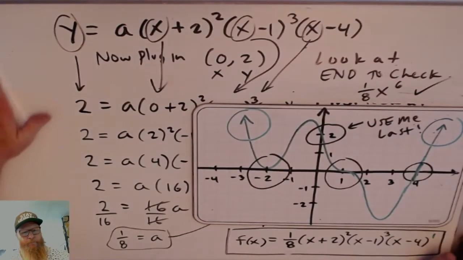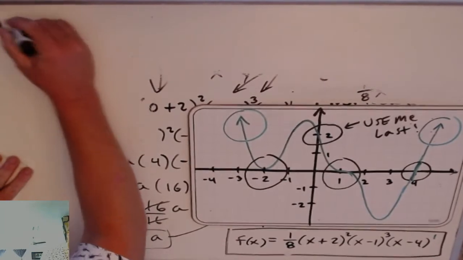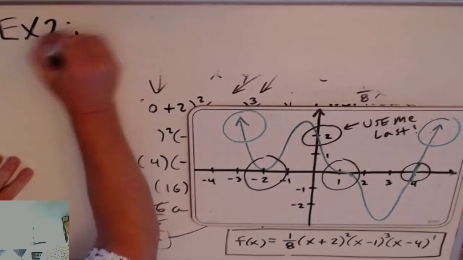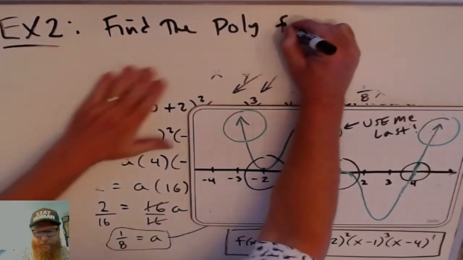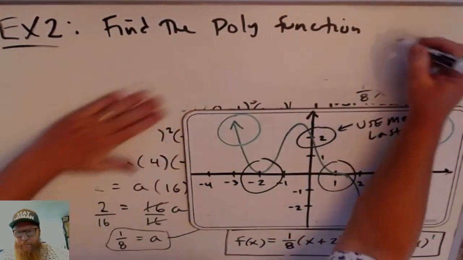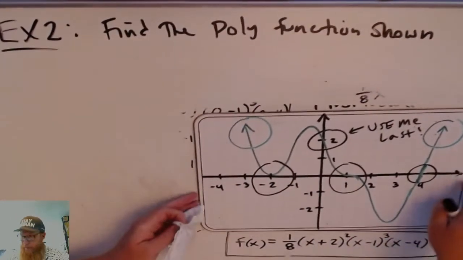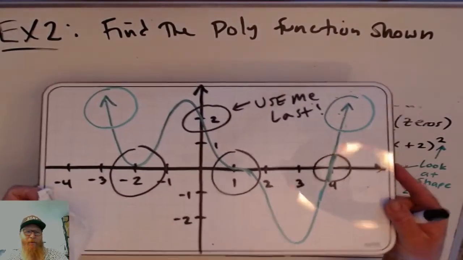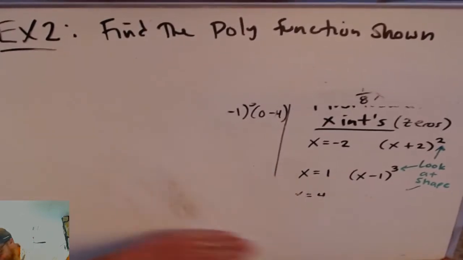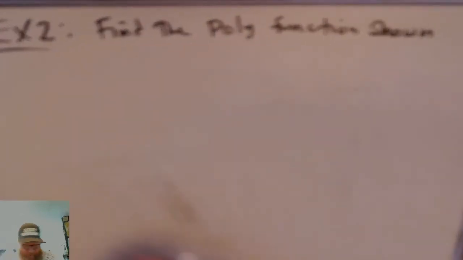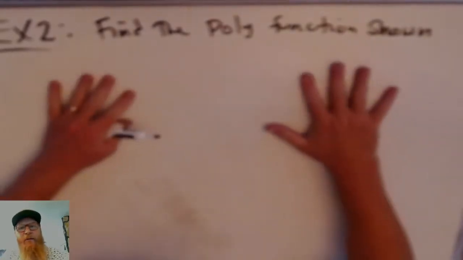Want to try another one? Let's try one more of these. Same question. Notice the graphing board is really not necessary for these types of problems. I could just as easily do it on the whiteboard.